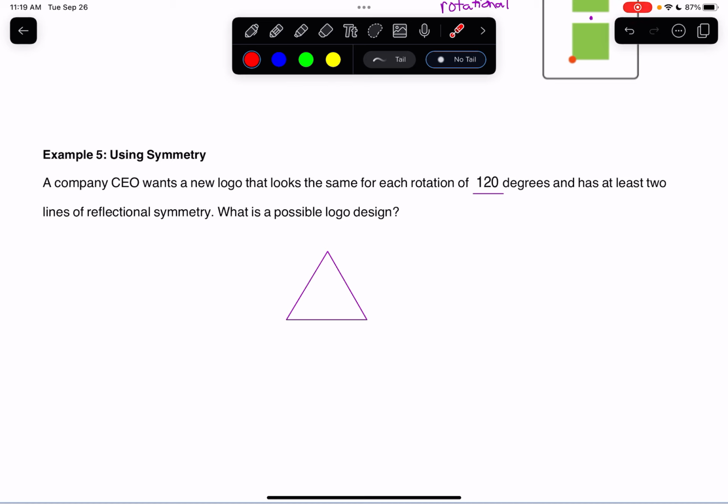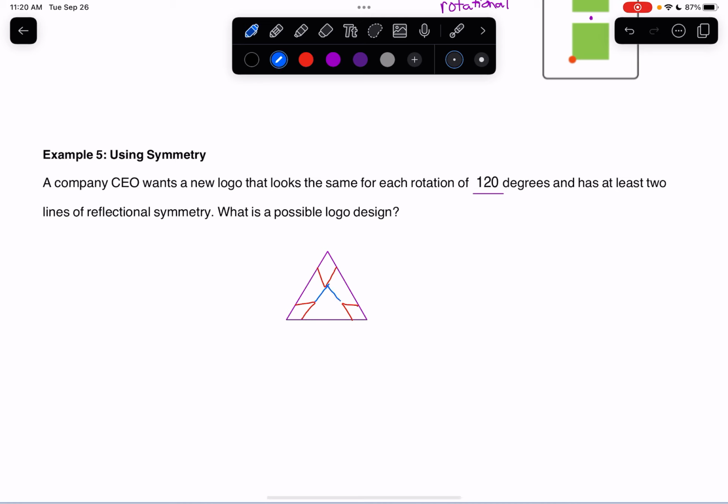But of course, on its own, this is not a logo. So we would need to do some more designing if we wanted to make this into a logo, right? So maybe I could go like this. I'm just giving you some ideas here. When we have these questions where we want to make a logo or make a design, we want to make sure that we're actually designing something and not just making this exactly the same as it normally would look.